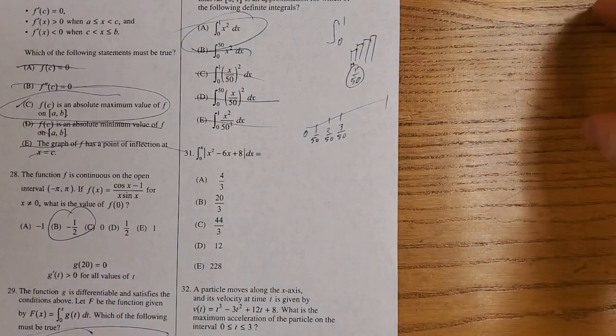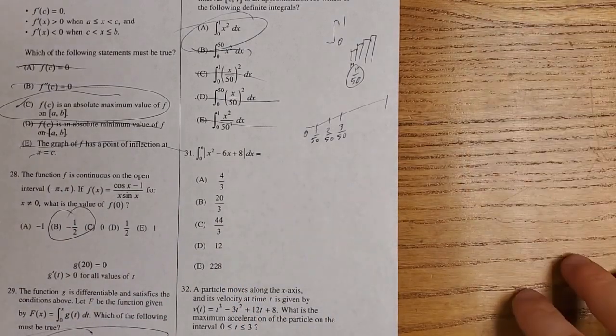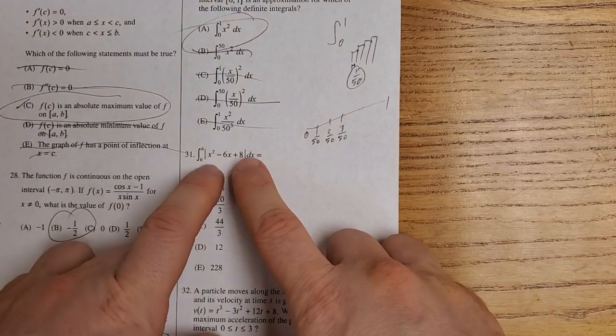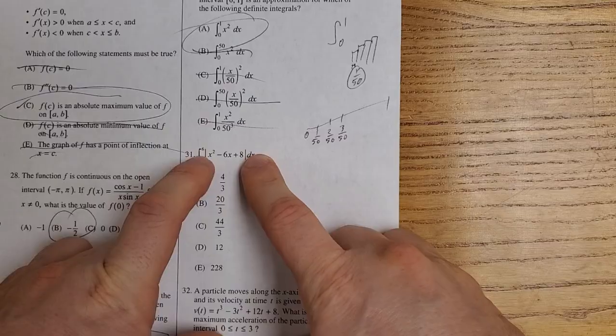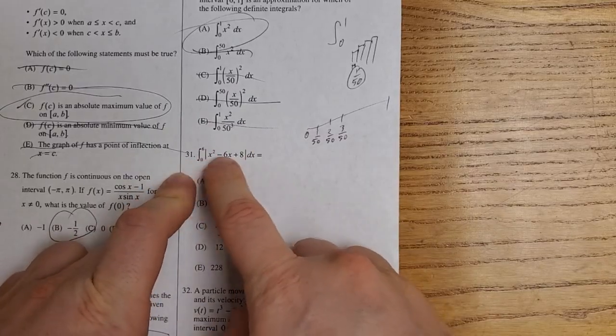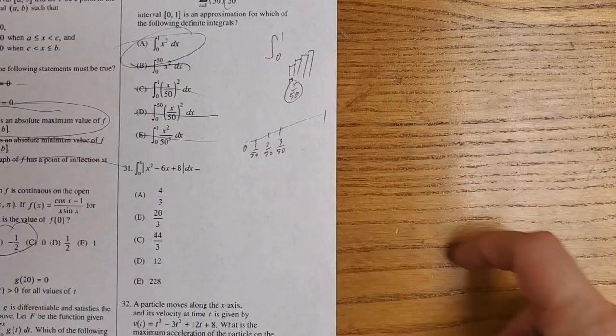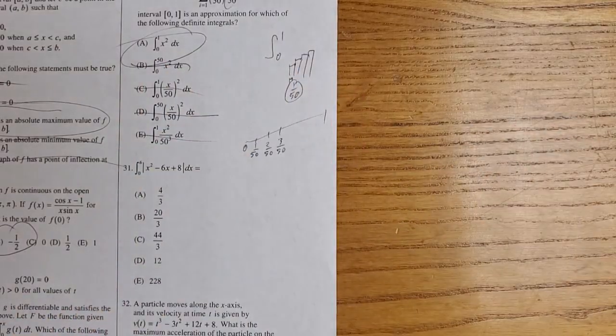Above the x-axis is positive area, below the x-axis is negative area. So what we're suggesting here by having an absolute value is probably this function dips below the x-axis at some point, at some area.